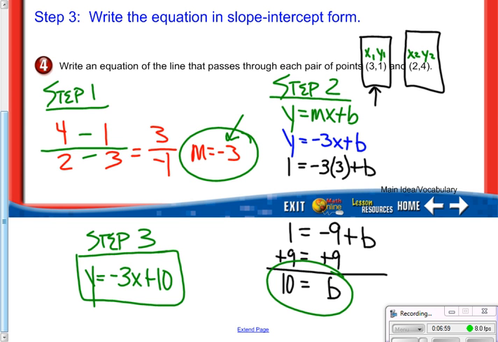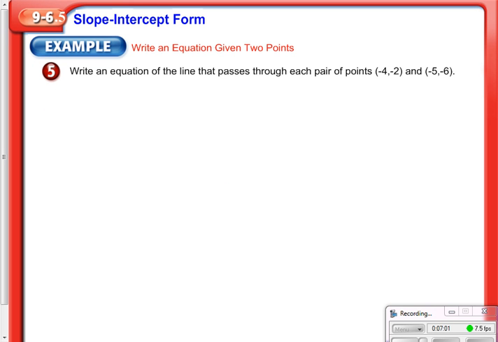Example 2 is very similar to example 4. You should be getting pretty good at it. The only step really different from the first 3 to the last problem is that you had to find the slope. So again, I'm going to have you pause the video after we go ahead and put these headers up here. In your notes, make sure that your ordered pairs say the same as mine, negative 4 and negative 2, negative 5, negative 6.